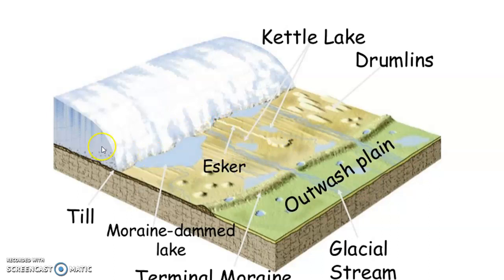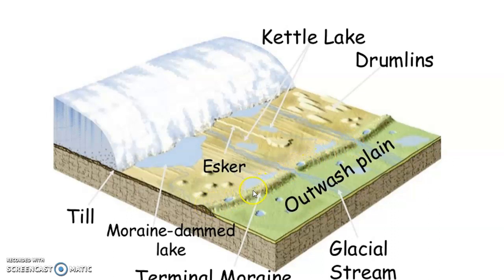So it's not that the glacier reversed direction. The glacier is not going to go back uphill or anything, but the glacier is melting, and that could happen because maybe the climate is getting warmer, or there's some other environmental change. And as the glacier melts backwards, we see the terminal moraine being left behind.